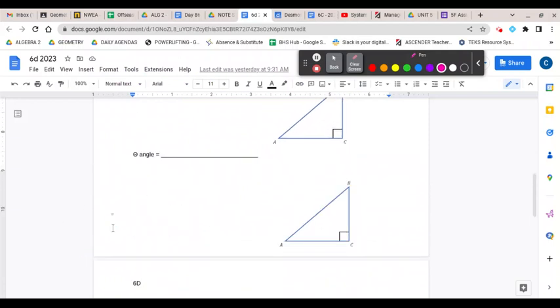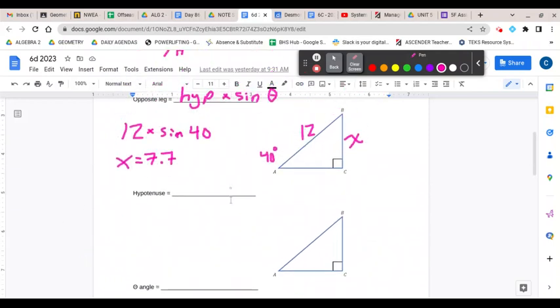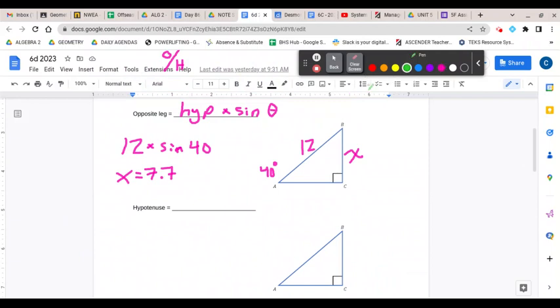If we're looking for the hypotenuse, we're still using sine, but we're going to work it backwards now. So the hypotenuse is going to be your opposite leg divided by the sine of your angle. Let's say angle A is 35 degrees, and our opposite leg has a length of 8.